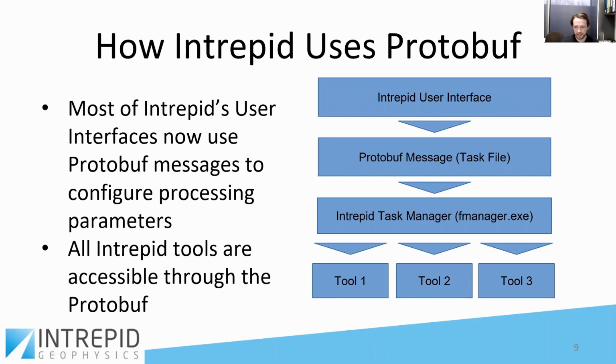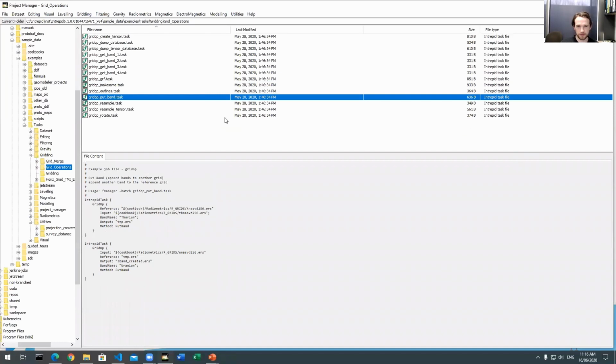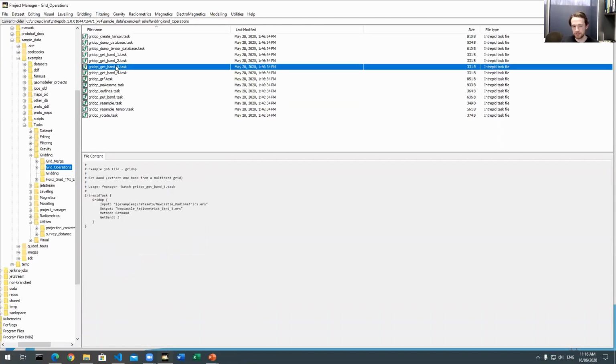Basically, to run these task files, there are 3 different ways we can use them, which is a little different to before with the job files, where you'd simply execute them in the batch system. Now we have the ability to take a pre-built job file or task file and load it up into the GUI.